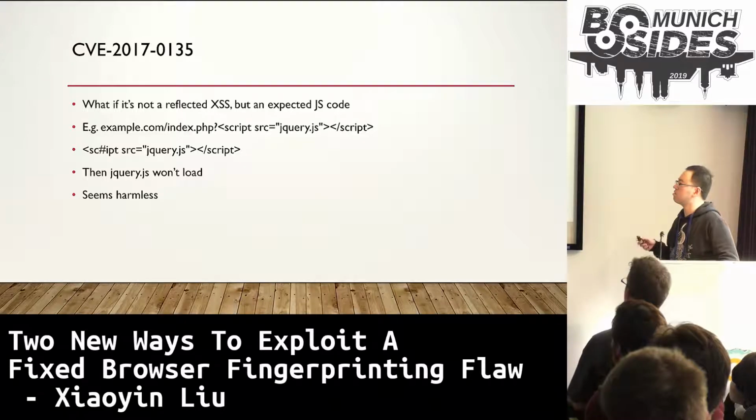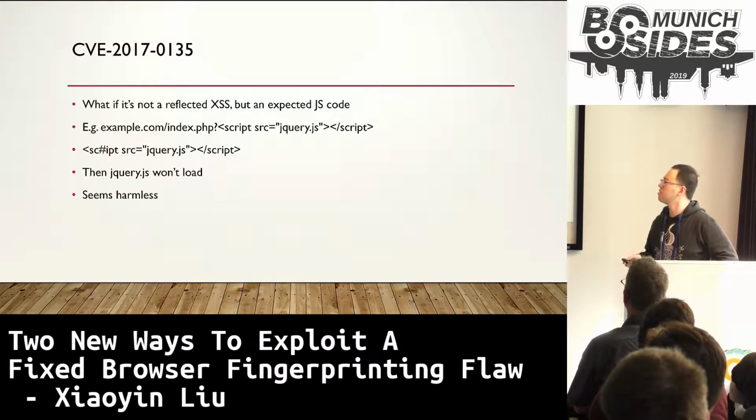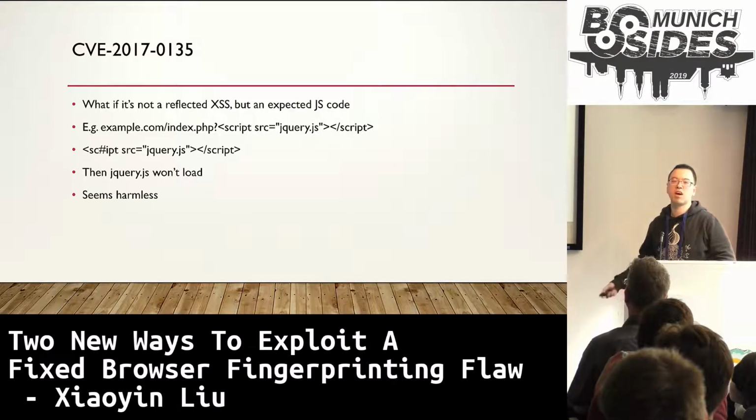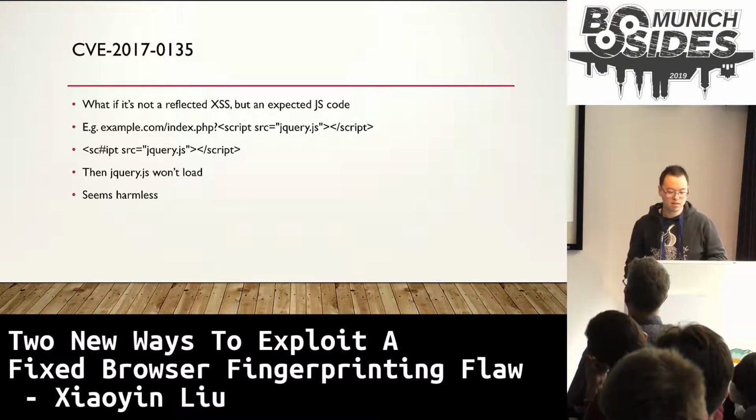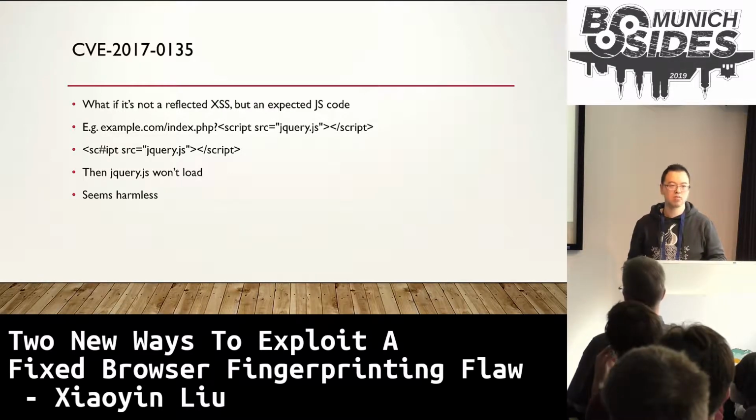So the jQuery just won't load. They knew this attack pretty early, but they thought it was pretty harmless because it's just as if jQuery.js doesn't exist, because it can't load for some other reason, like network issues or a server issue, if it returns 404 like that.